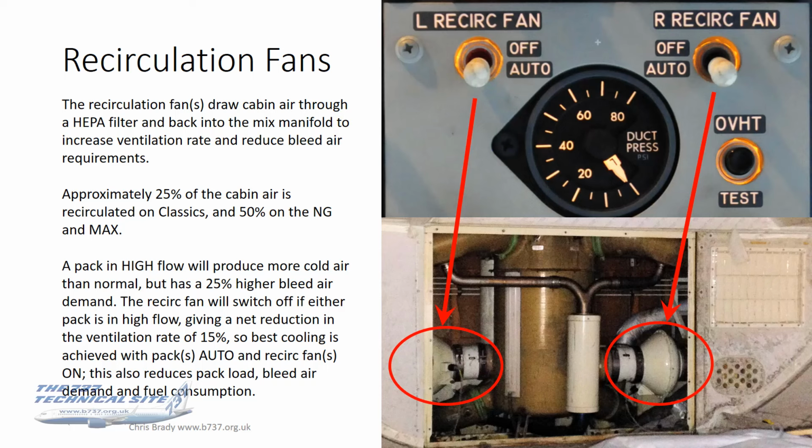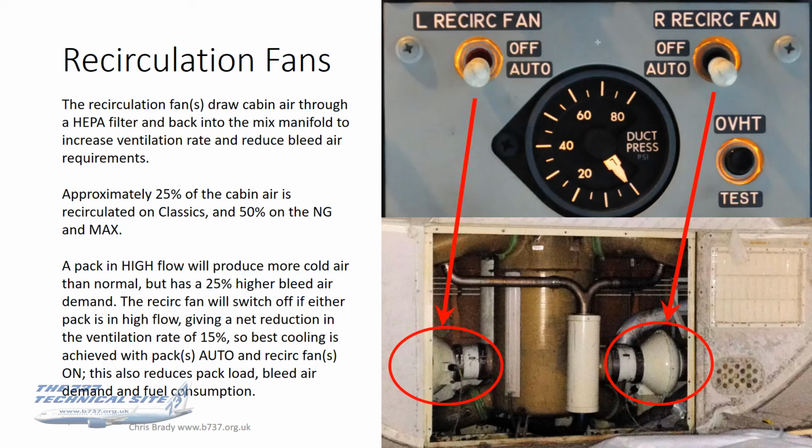So a word on recirc fans then. As we've already seen, they draw cabin air back into the mixed manifold, but importantly that air passes through a HEPA filter. For those who don't know, HEPA filters are hospital grade air filters. These can extract particles down to the bacterial level.